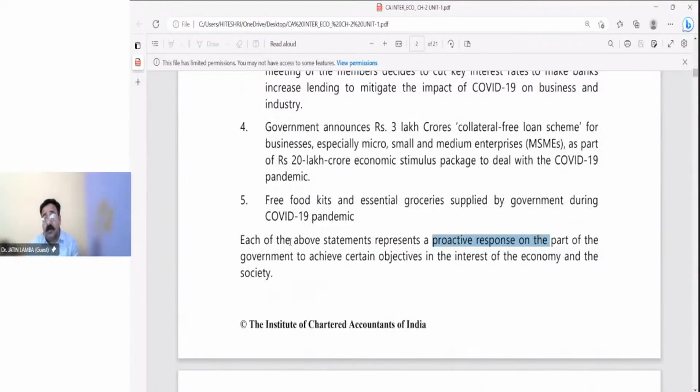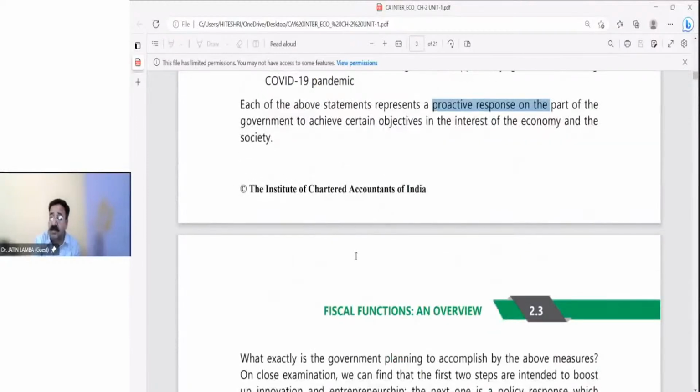So in each of these statements, you can say the government is providing the proactive response, है ना? And government is being protective to the industrial sector so that new industries can be set up, more industries can be set up, the industrial sector can invest more in the market, right? Such type of incentives, listen very carefully, student, provided by the government to the enterprises is basically to boost up the industries in India.